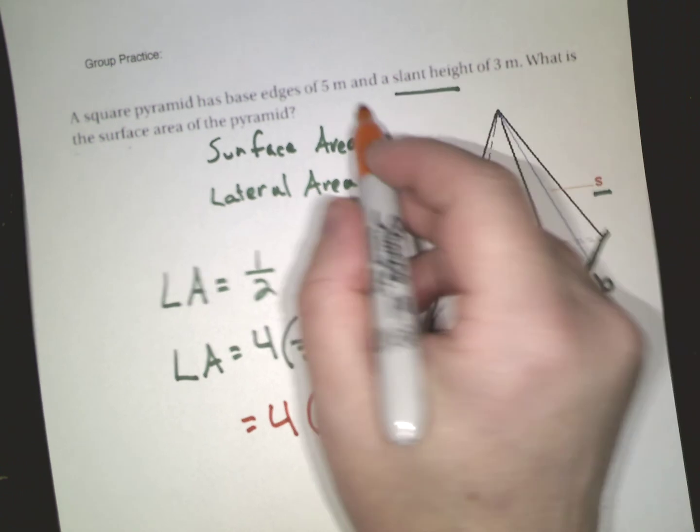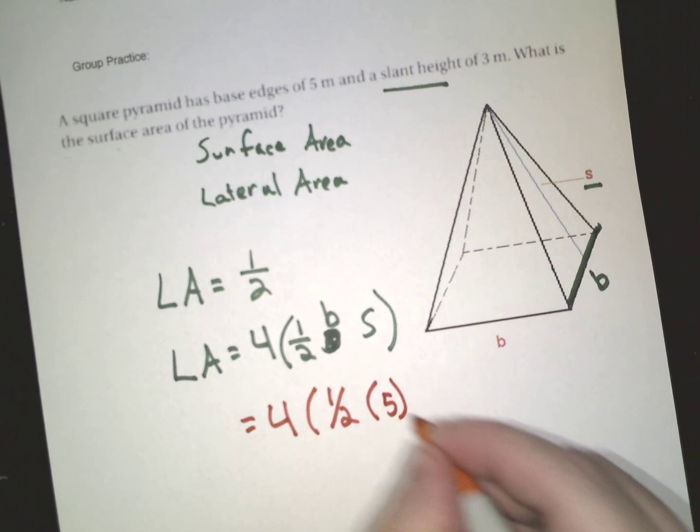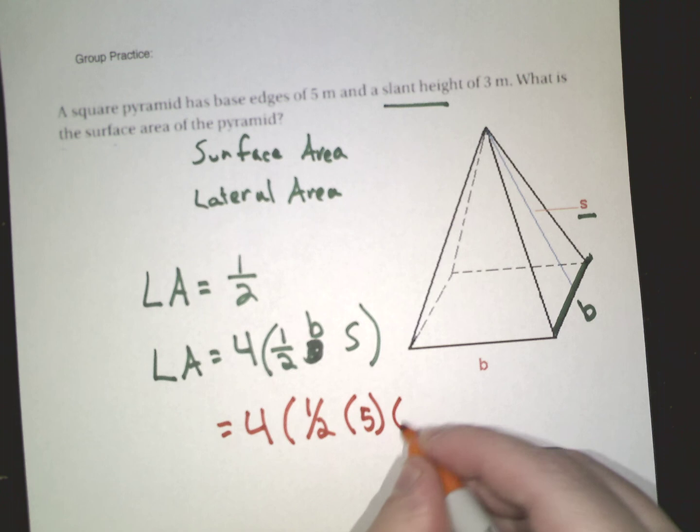But they tell me what B is. A base edge, B, is 5. And a slant height, S, is 3.